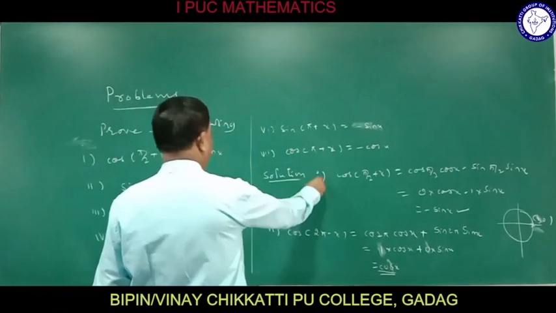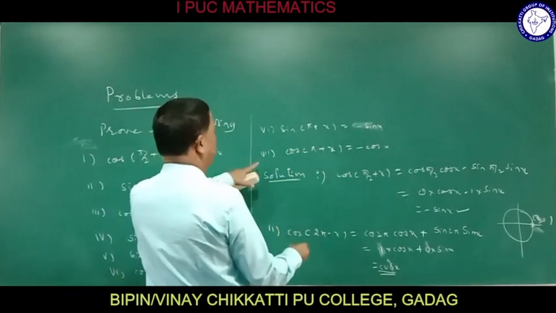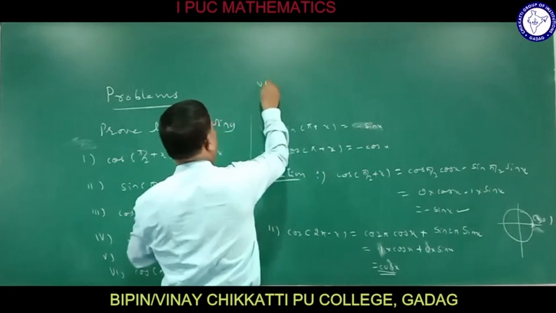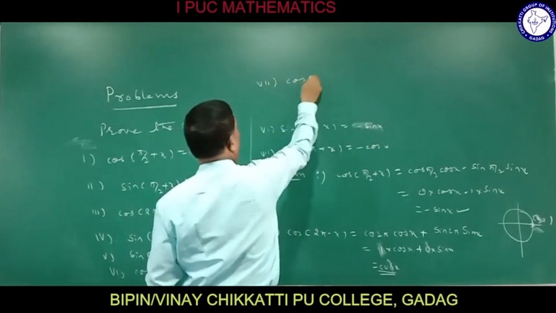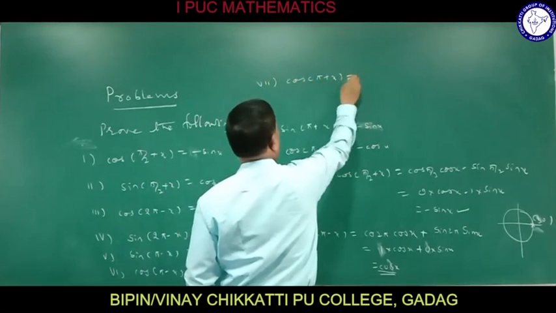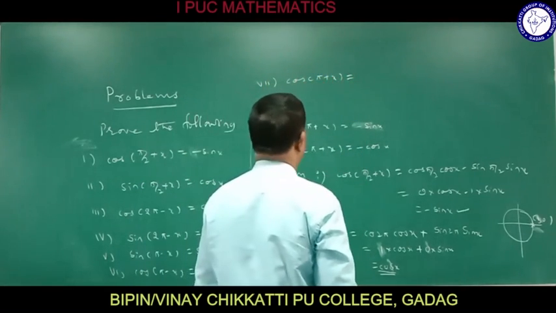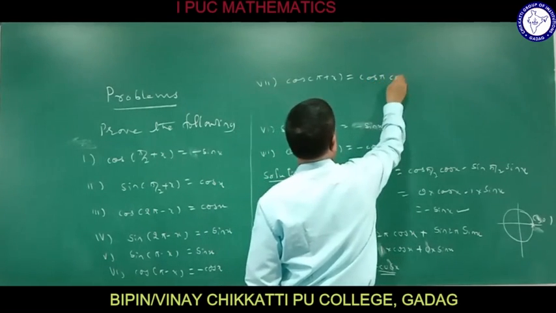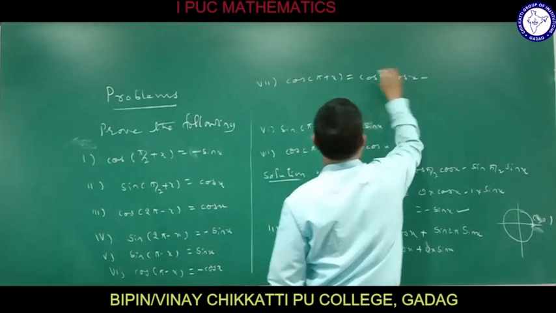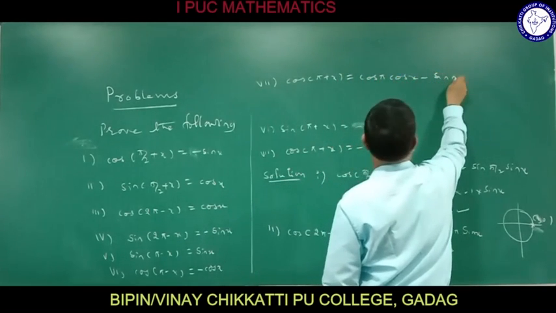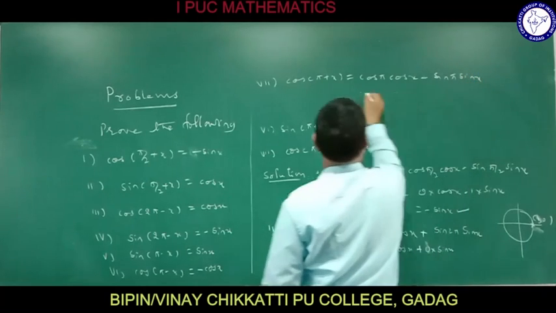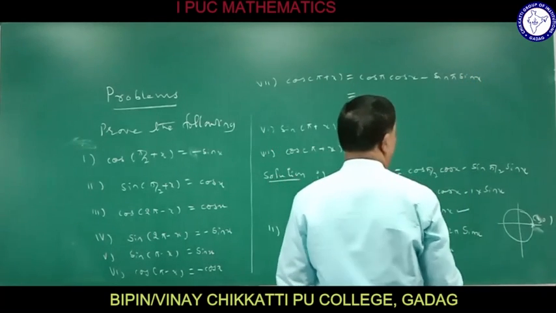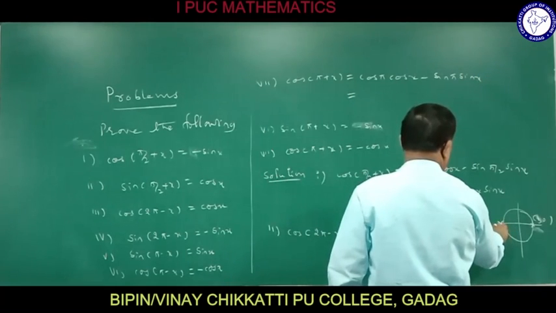Just the first and second I have taken. Now I take this last one, you see, just for reference. Cos of pi plus x. So here you understand what we will get: cos x cos y, plus or minus, sin pi sin x. So cos pi is here, and the coordinate is (minus 1, 0).